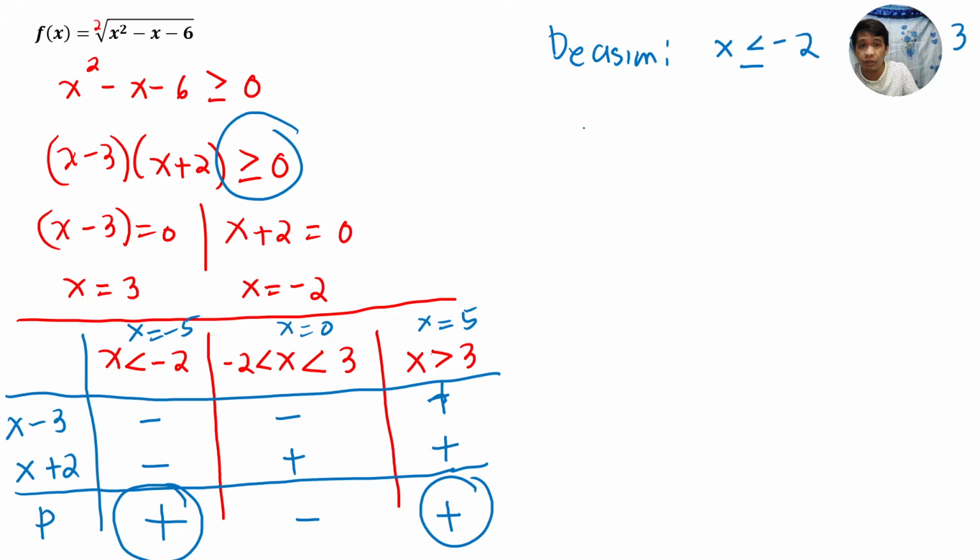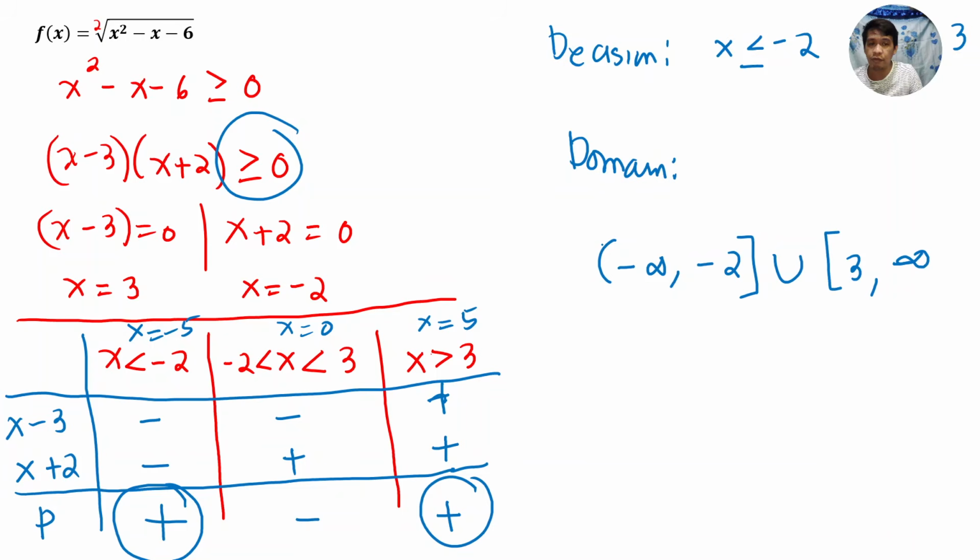So, therefore, ang domain natin dito is from negative infinity to negative 2 included, union with included 3 to positive infinity excluded. So this must be the domain of that particular function given.